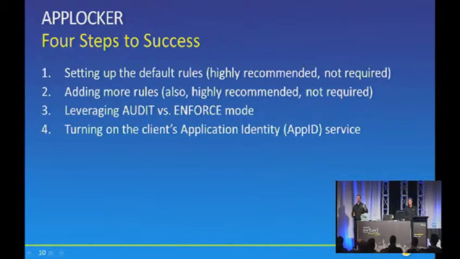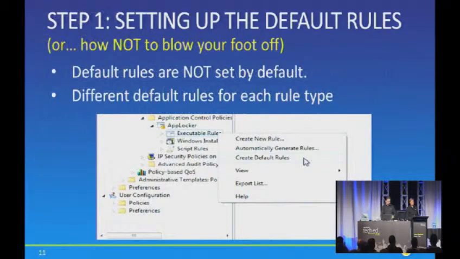Why do you care? Because in the super advanced version of this stuff, you can actually take the event logs, figure out what would have been smacked down, and actually create, using PowerShell, additional rules. Oh, it gets very killer. We're not going to do any of that stuff. Then finally, you need to turn on the App ID service, and we're going to cover all that in excruciating detail, so stay tuned for that. So I'm not going to go over this anymore. We're going to write the demo and show you how this all kind of works and kicks in.